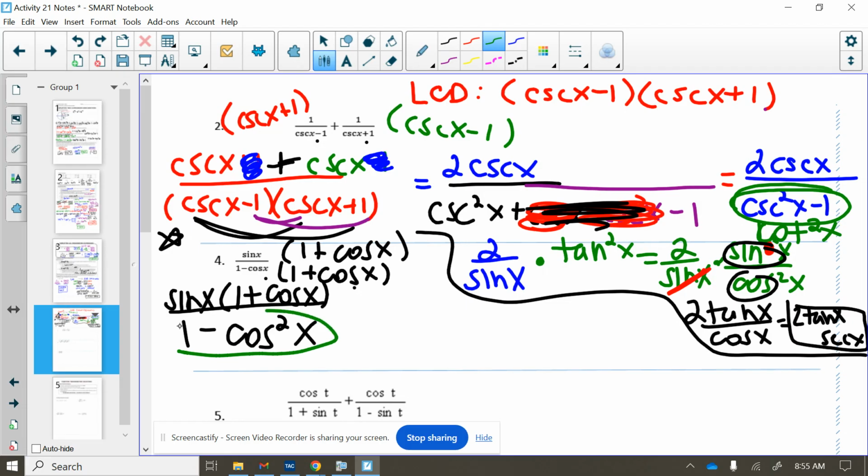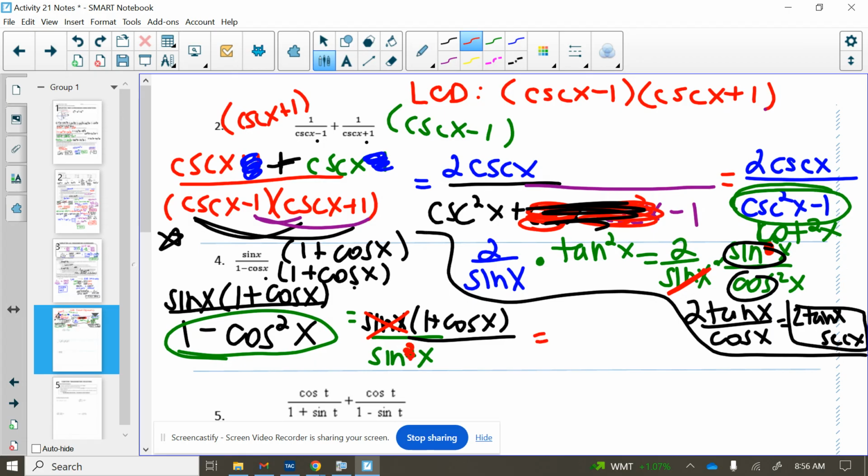Now 1 minus cosine squared, we know can be rewritten as sine squared. And then in our numerator, we had sine of x times 1 plus cosine of x. The sine in the numerator can cancel with one of the two in the denominator. And then we have 1 plus cosine over sine.